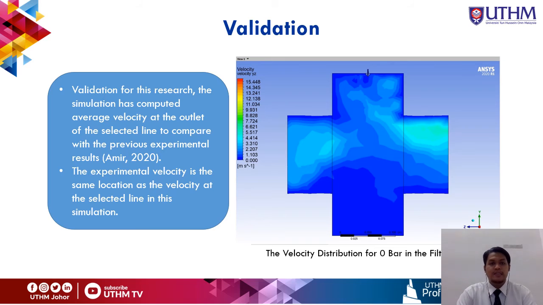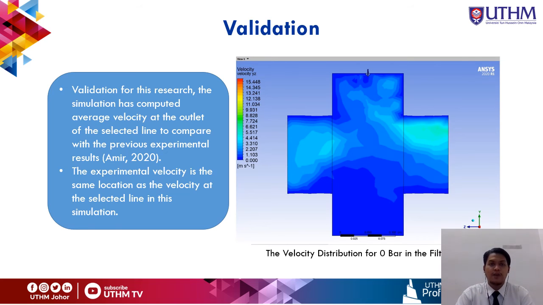For validation of this research, the simulation has computed average velocity at the outlet of the selected line to compare with previous experimental results. The experimental velocity is at the same location as the velocity at the selected line in the simulation. The figure is about velocity distribution for zero bar.